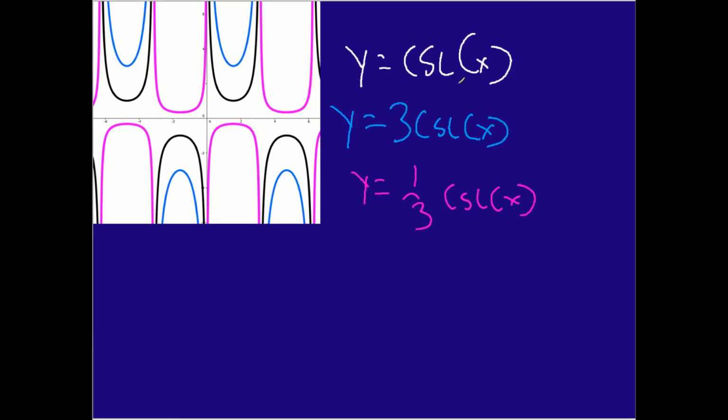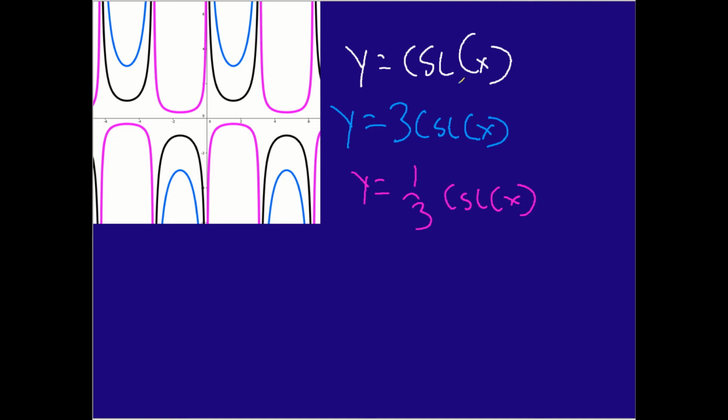Now here, the black line still represents our regular cosecant, but now we're manipulating the stretch factor, or the A term, often called the amplitude when you're doing a sinusoidal function. In this example, you can see that when A is greater than 1, things get compressed a little bit. If you look at the blue line compared to the black line, it's moved up a little bit, and it's more pushed together.